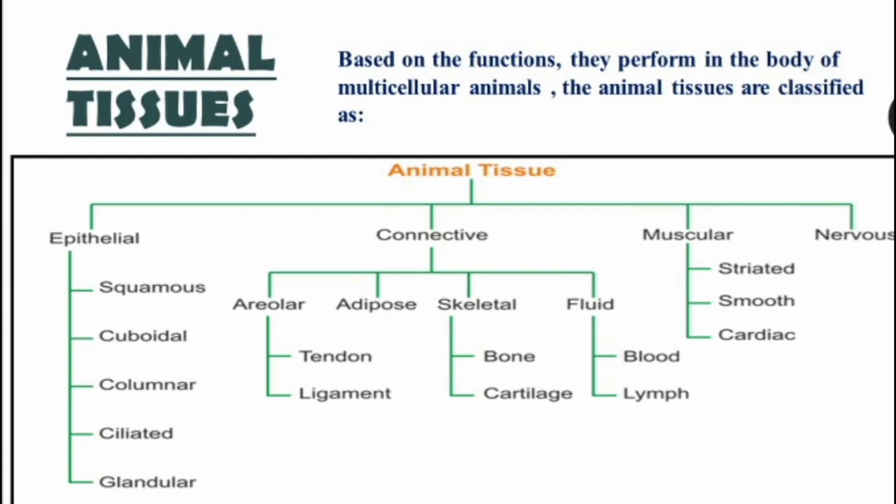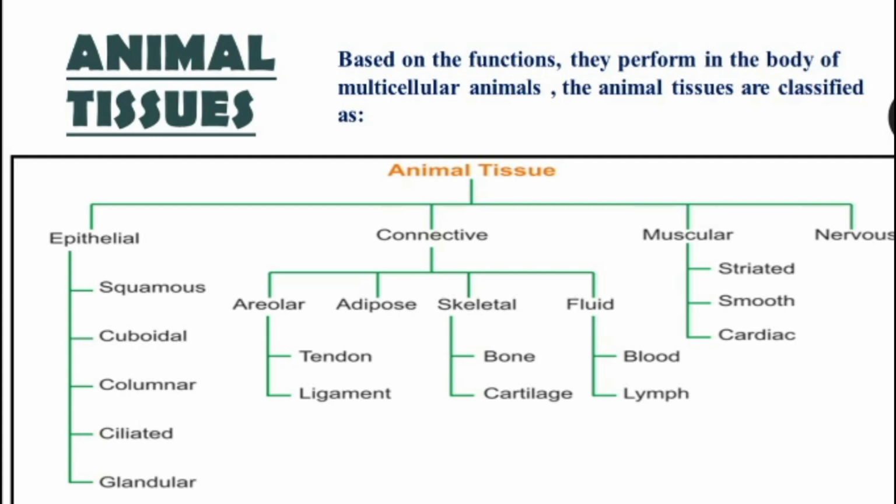The first one, epithelial tissue, is compactly arranged cells in the animal body. This epithelial tissue is again classified into 5 subtypes, namely squamous, cuboidal, columnar, ciliated, and glandular.